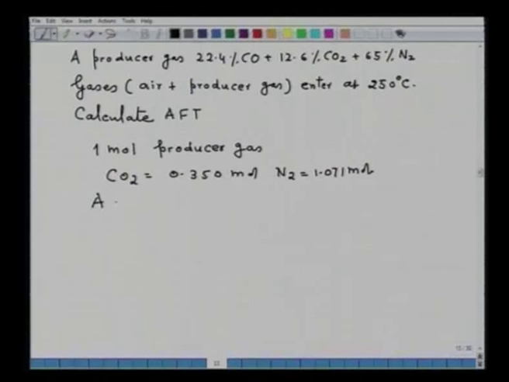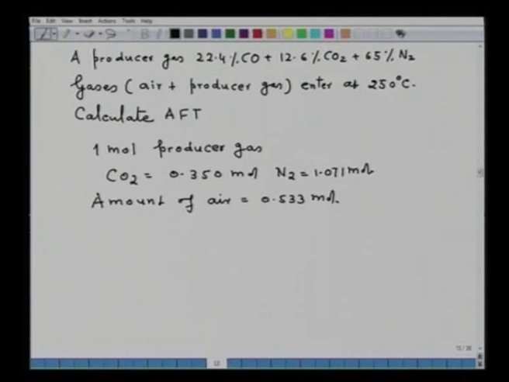Amount of air, that is equal to 0.533 moles, of which say 79% is nitrogen and 21% is oxygen.